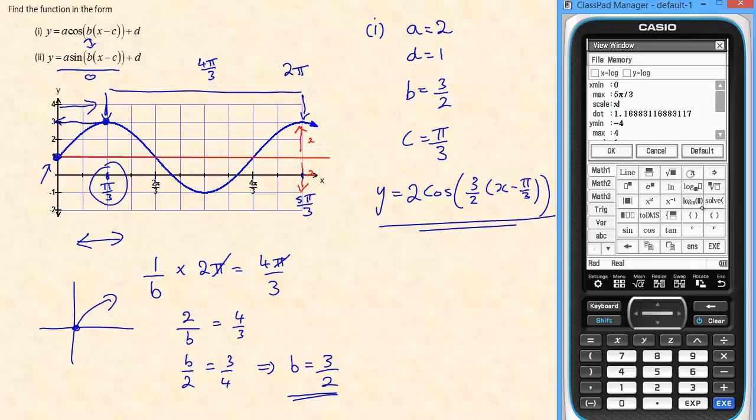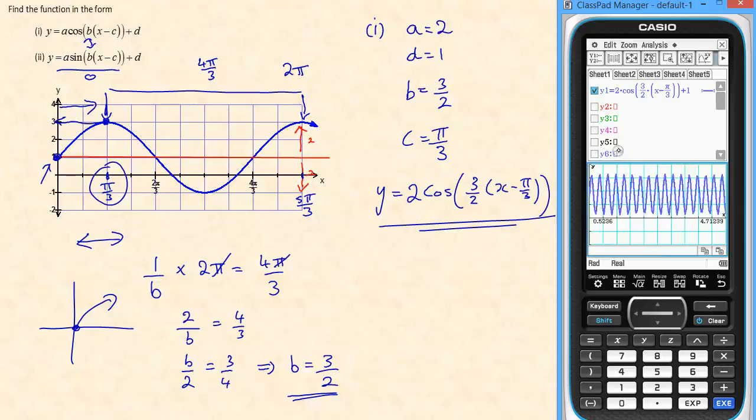Let's put those in pi by 6s as well. And the graph goes from -2 to 4, so let's OK that. And that does look pretty much like what we've got. And we can see, since we mark these in pi by 6s, 2 squares across is where that maximum is.